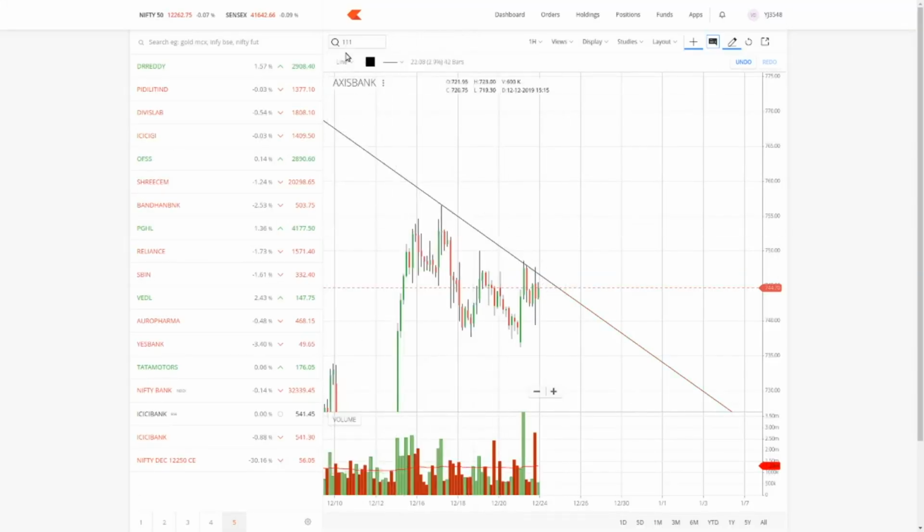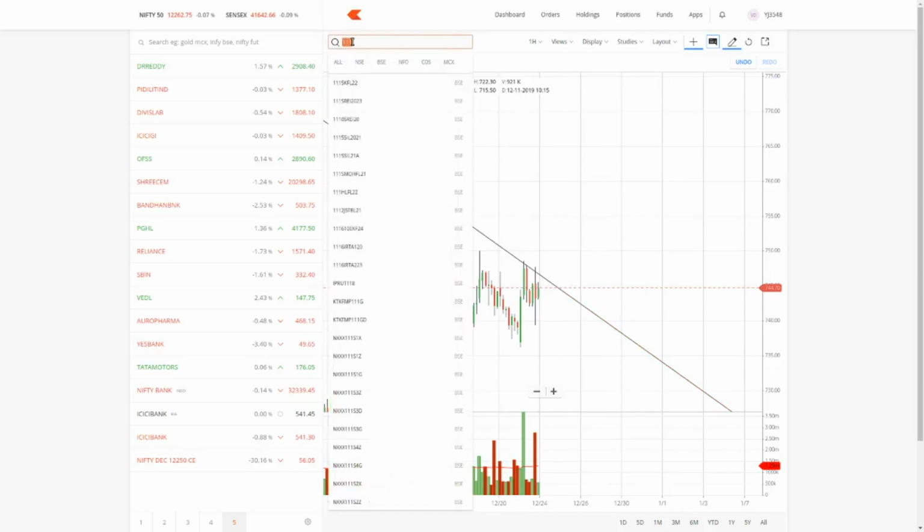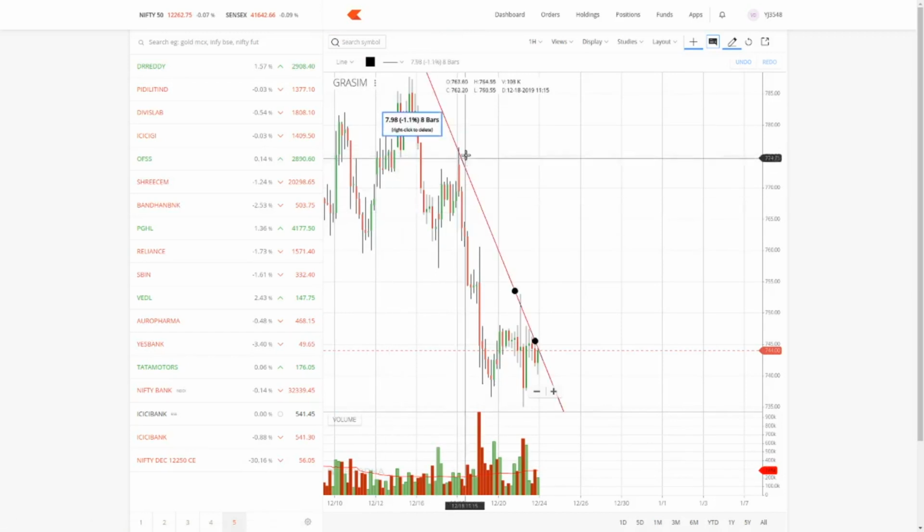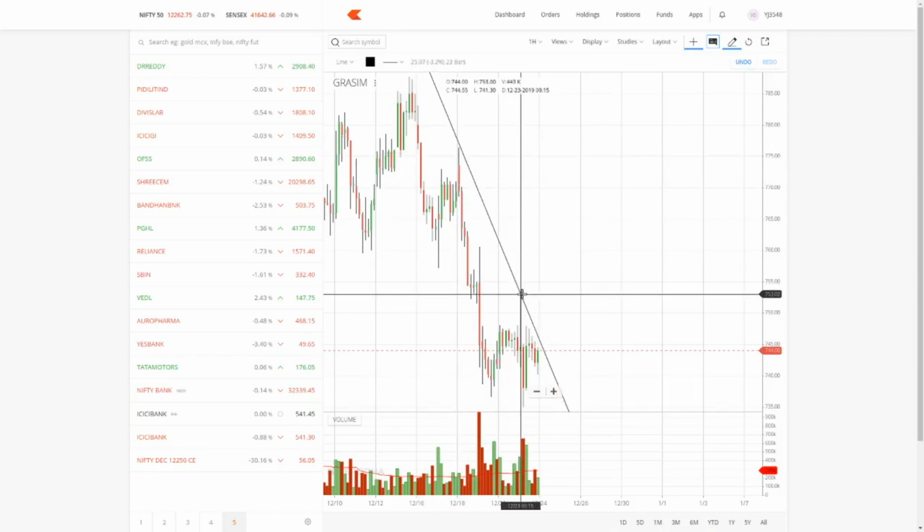We can also look at Grasim, which has also been identified. This is a stronger downtrend than Axis Bank because of the higher slope.